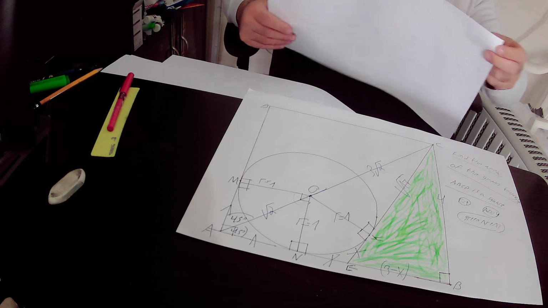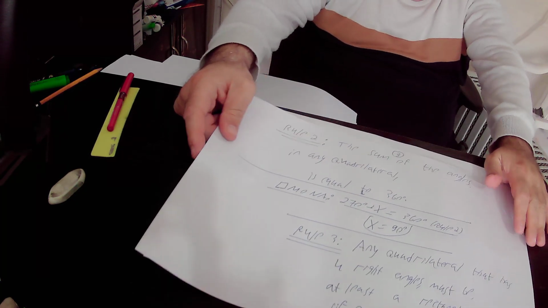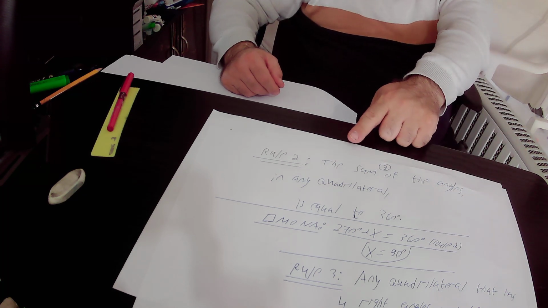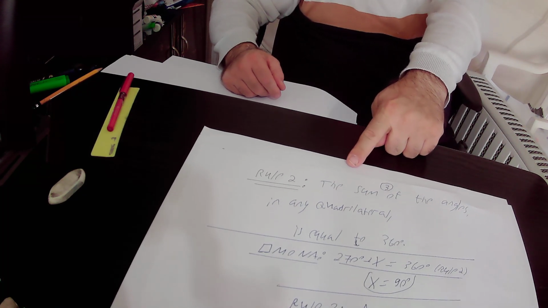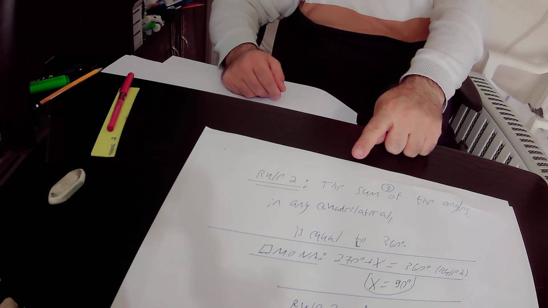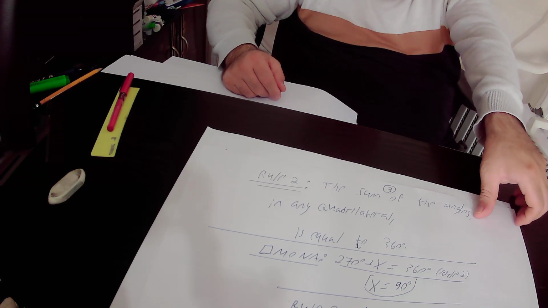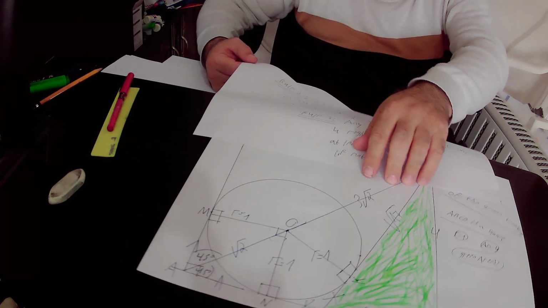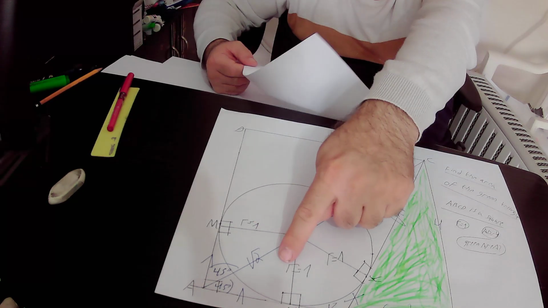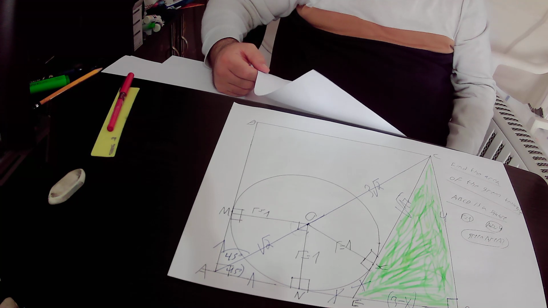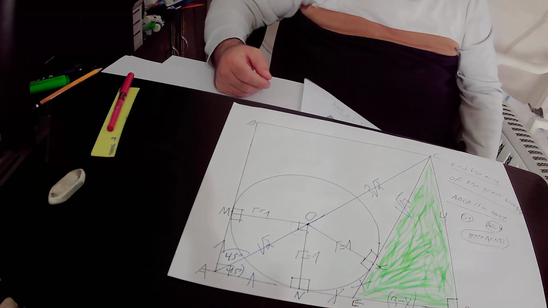I presented rule number 2. According to rule number 2, the sum of the angles in any quadrilateral is equal to 360 degrees. So if we focus on the small quadrilateral MOAN, then according to rule number 2, the sum of its angles is equal to 360 degrees.